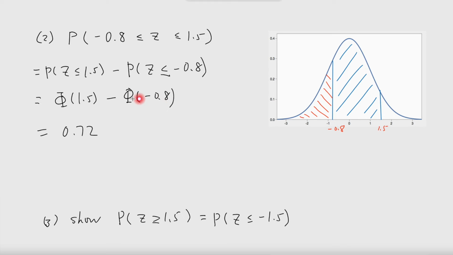The probability Z is less than or equal to 1.5 is the area all the way up to 1.5, or the combination of this red area and the blue area. The second part, the probability Z is less than negative 0.8, is the area all the way up to negative 0.8, or this red area. So if you take the difference, it's this blue area, right? So this is the visualization of this calculation.